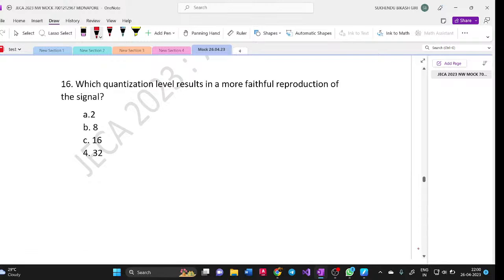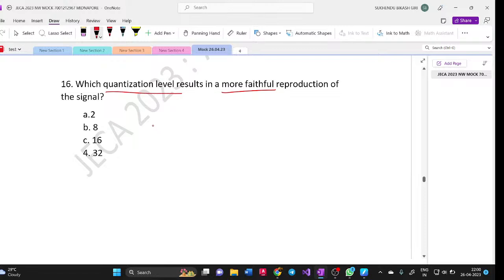Question 16. Which quantization level results in the more faithful reproduction of the signal? What we learned from the previous question is that as the number of quantization levels is increased, accuracy is increased, more faithful, that means more accurate reproduction.